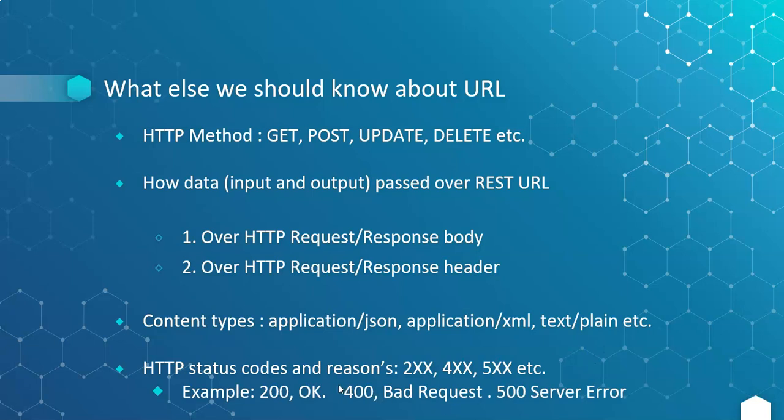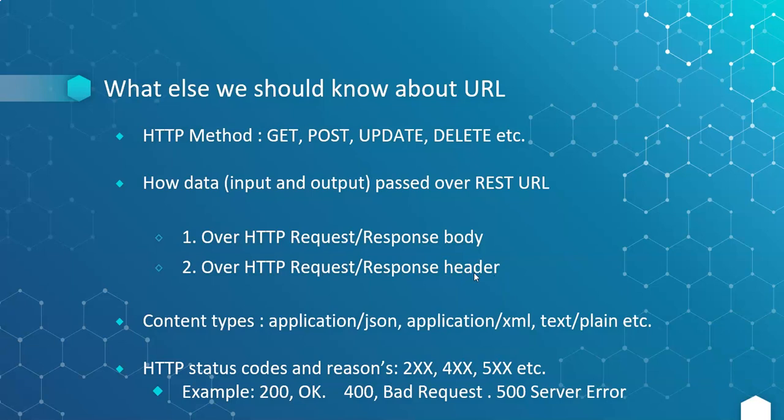Like if the post operation succeeded in the backend, then in the header we will respond back 200 OK. If a bad request came, the required input didn't come over the request, then we will respond back 400 Bad Request. If something went wrong in the backend logic, then we respond back 500 Server Error over the response headers.